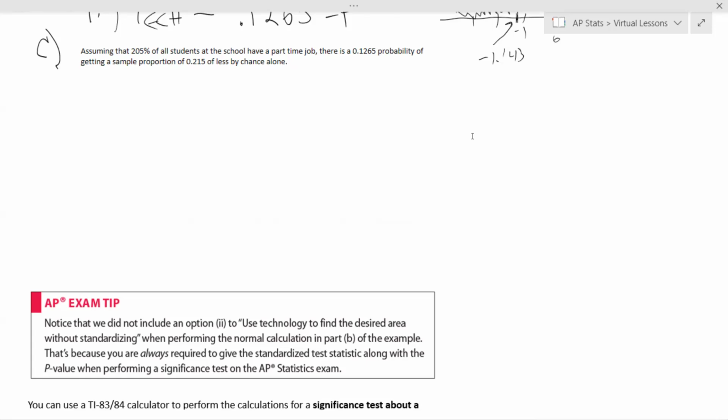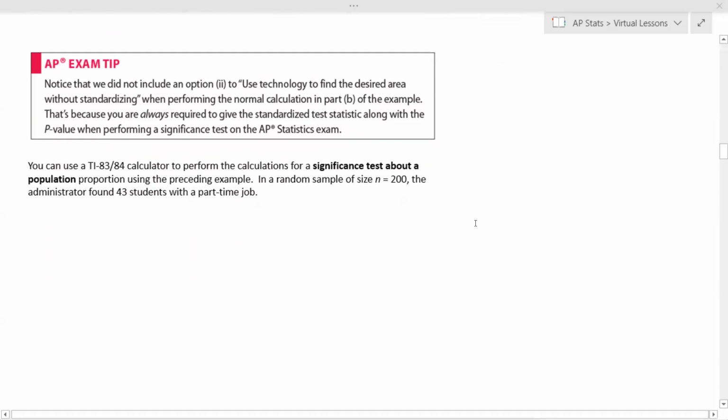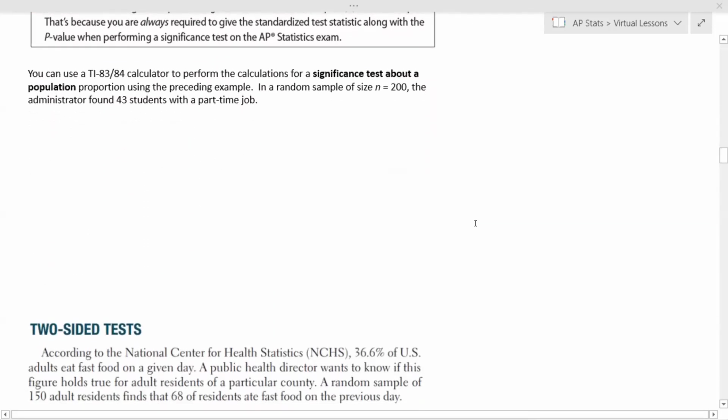So we didn't skip right to the p-value, we showed what the z-score, or the standardized test statistic, was first, and then calculated the p-value there. Okay, so you can use the TI calculator to perform calculations for a significance test about the population proportion using this example that we just went over.